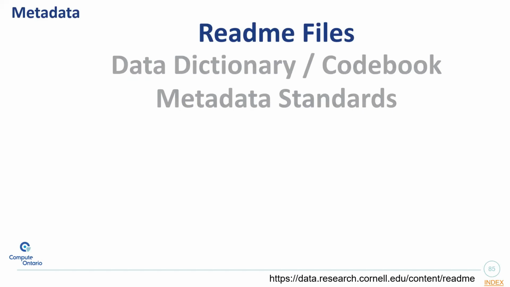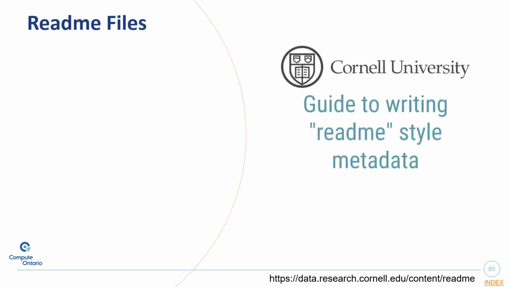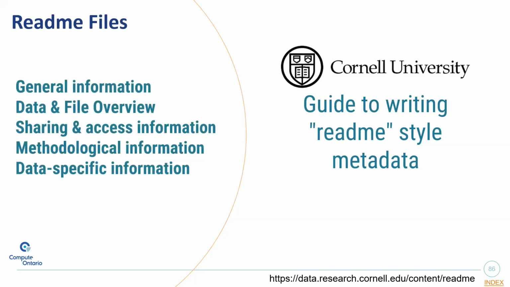Let's start with Readme files, which I have the impression are among the most used forms of metadata in some disciplines. In recognition of this reality, Cornell University has produced an excellent guide to writing Readme-style metadata, covering topics like general information, data and file overview, sharing and access, and methodological information, as well as data-specific information.